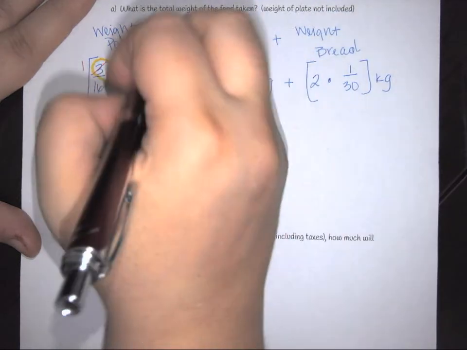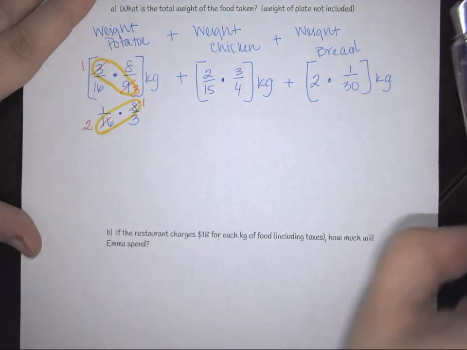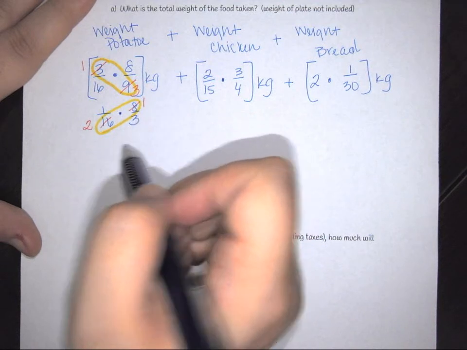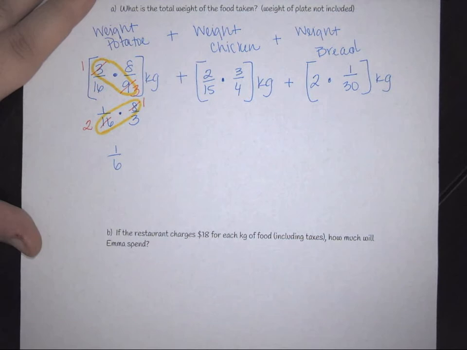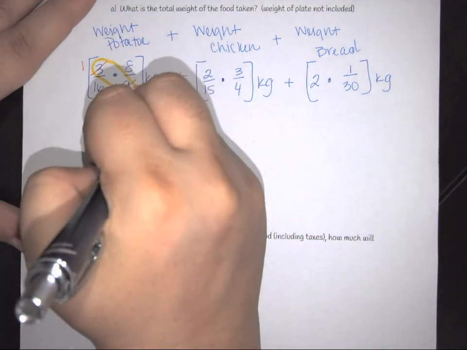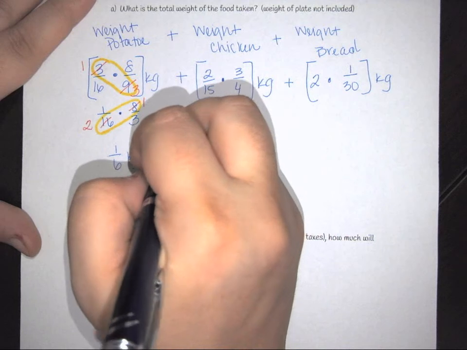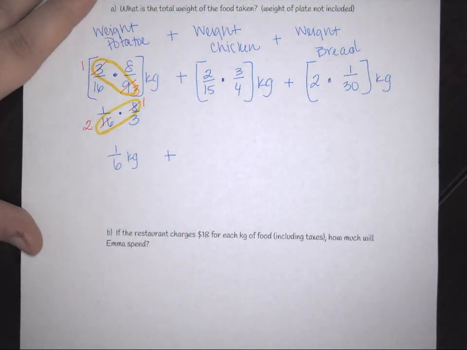So 8/16 reduces, this becomes a 1, this becomes a 2. So I'm left with 1/2 times 1/3. So when I multiply that together, I end up with 1/6 as a result. And this would be my kilograms of potato salad. I still have to add that to its next part, but I have to solve the next part.